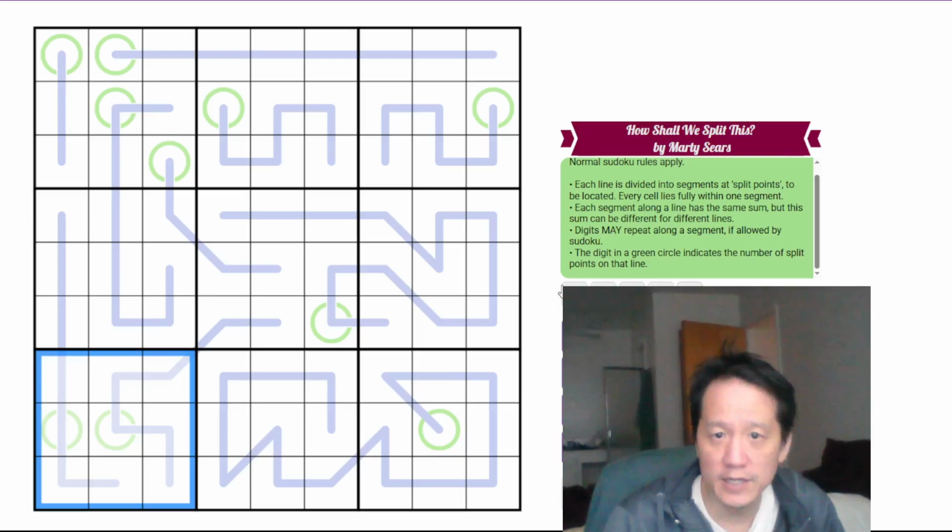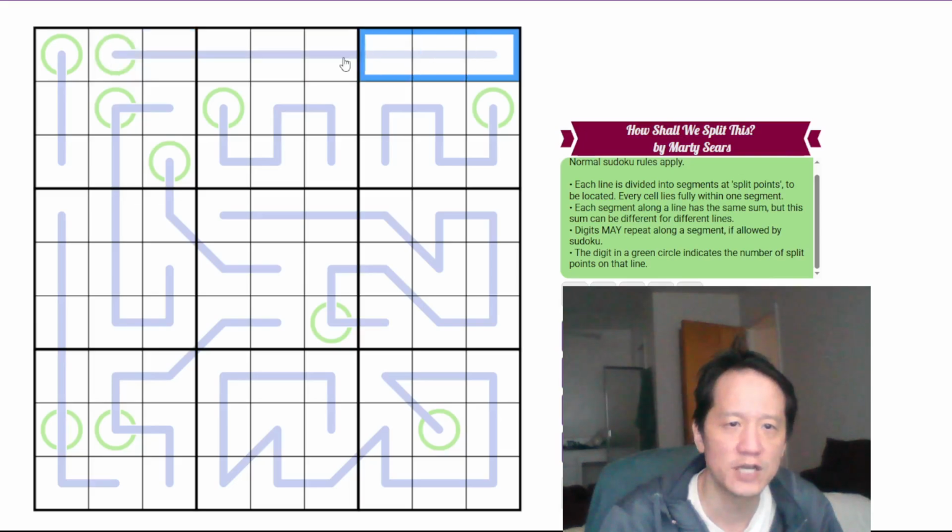Each line is divided into segments at split points to be located. Every cell lies fully within one segment. So the line is split into segments, and every cell can only be part of one segment.